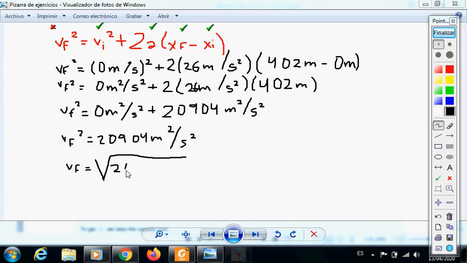The square root of 20,904 square meters per squared seconds. Okay, now, the square root of 20,904 is 144.58.